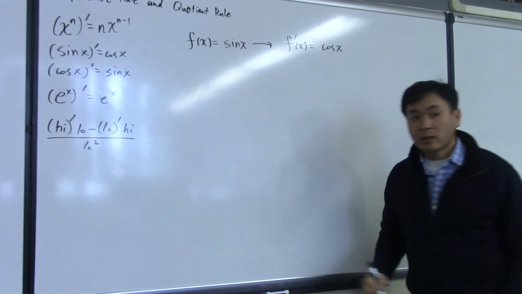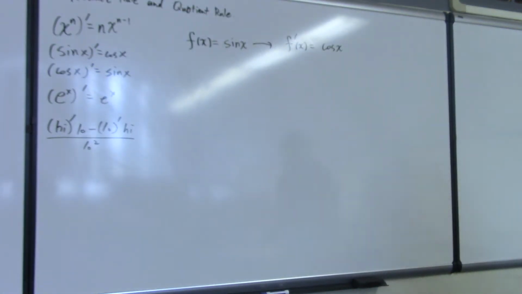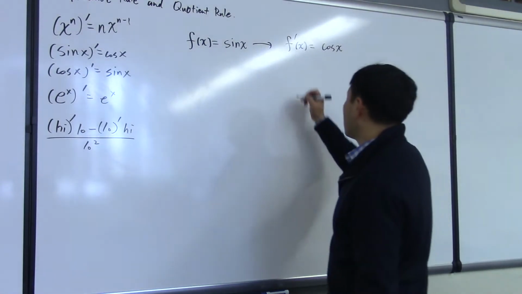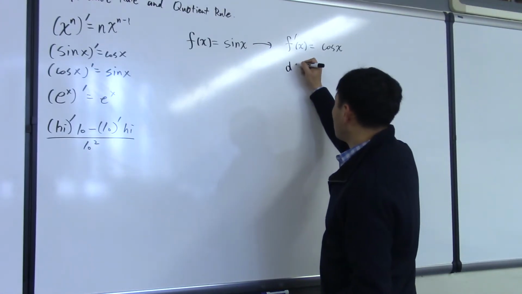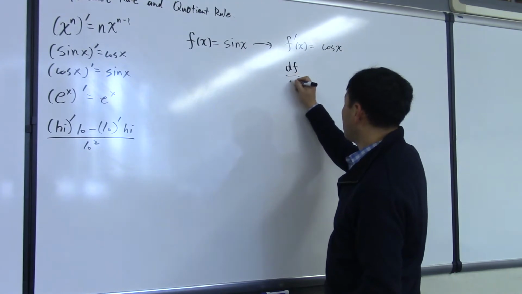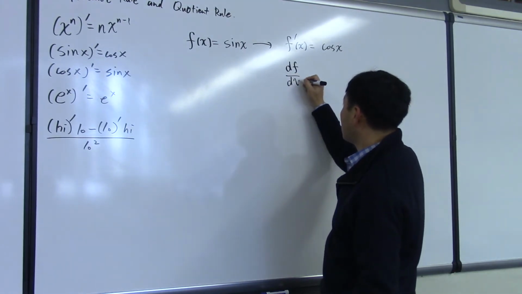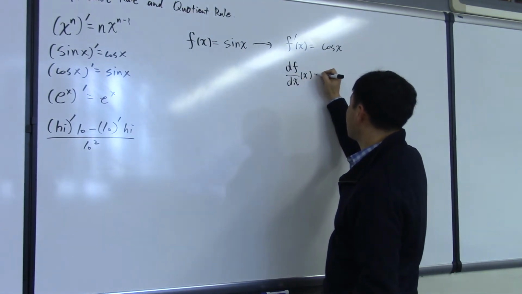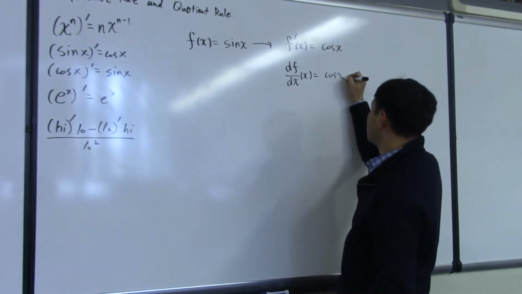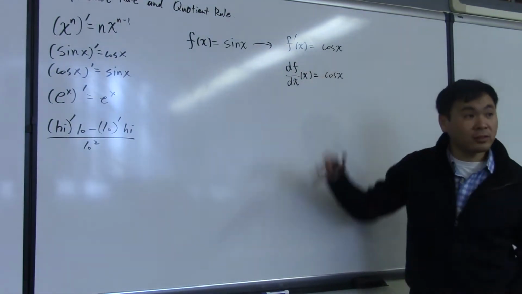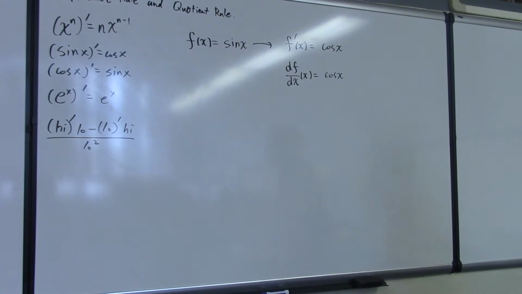Now, there's another way of writing down the derivative, and this symbolism is called the Leibniz notation. So these two are the same thing. When you write df dx, that means you're differentiating f by x.